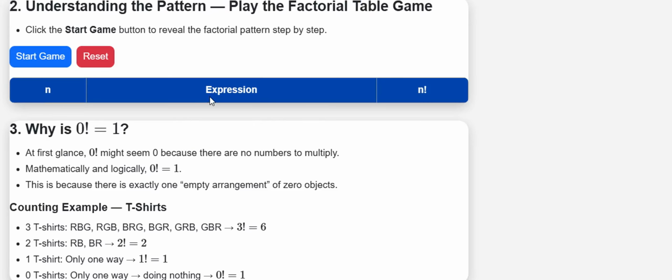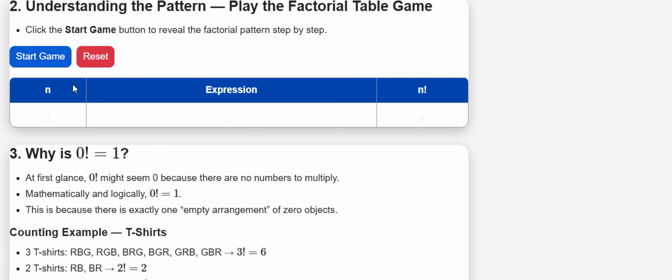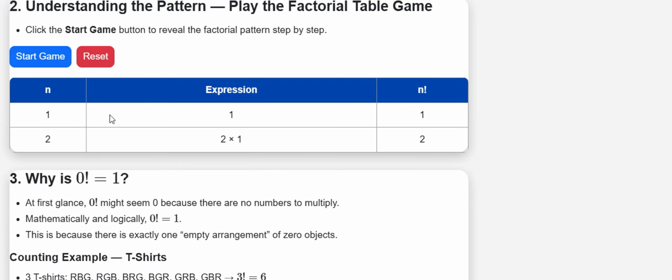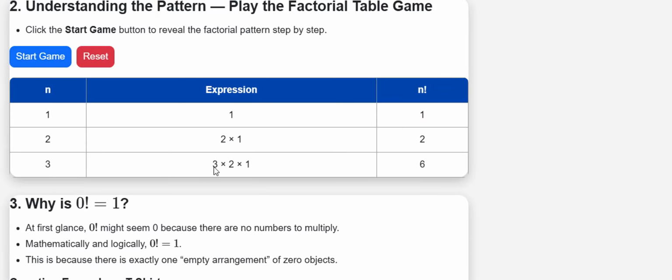Let me show you again here the table for factorial. As n increases, the multiplication in the table also expands. When I have 1, we just have one number. When I have 2, it becomes 2 by 1, which is 2. If I have 3, it becomes 3 by 2 by 1, which is 6.